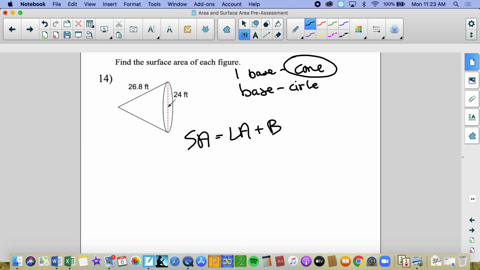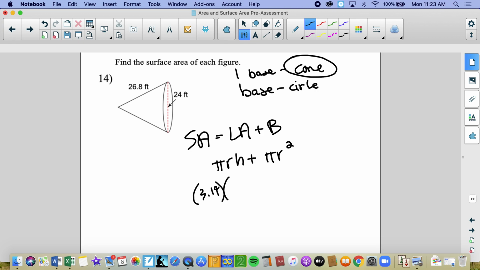Now this is where it gets interesting. The lateral area is pi r h. And then the base shape is a circle, so we're going to have pi r squared. So pi, we're going to plug in 3.14. The radius, notice they give us the diameter, so don't put 24 feet.